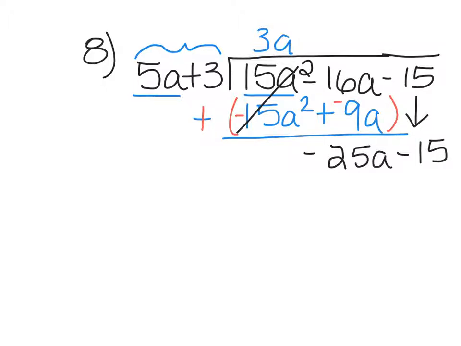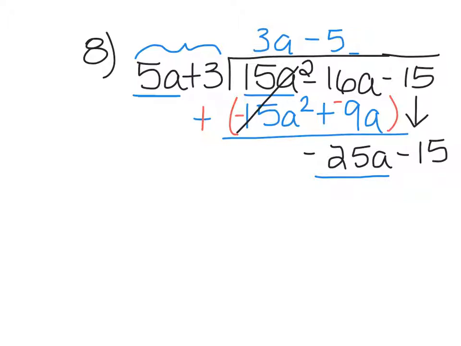Again, I need to go back to the first term, which is that 5a, and ask myself, how many times does 5a go into negative 25a? So 5 times negative 5 gives me the negative 25, and then the a is just to the power of 1, so I don't need to put another a up here.